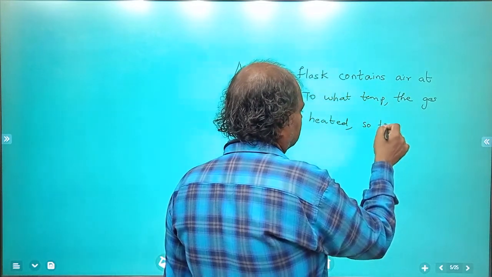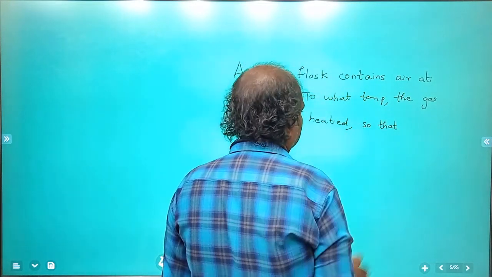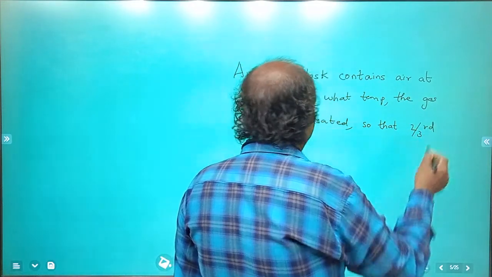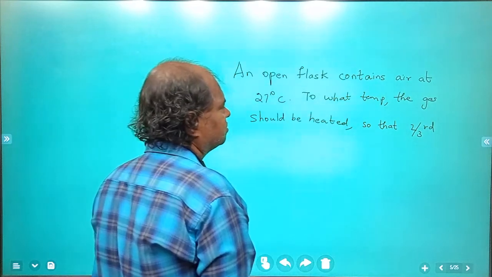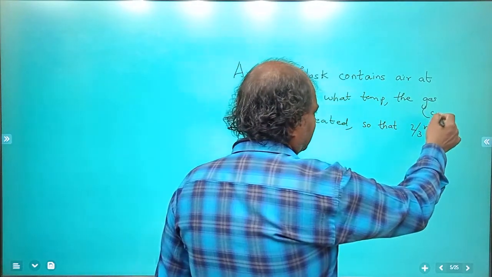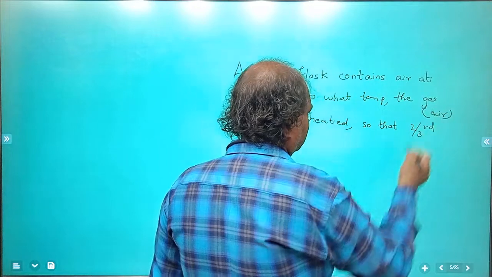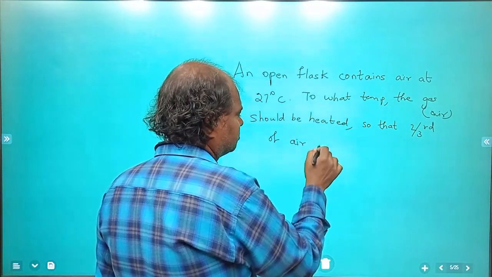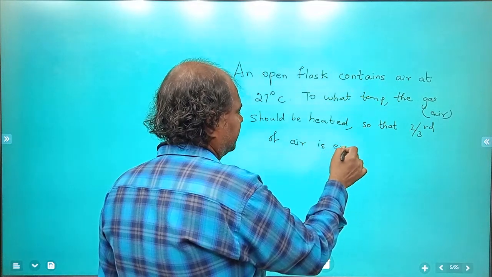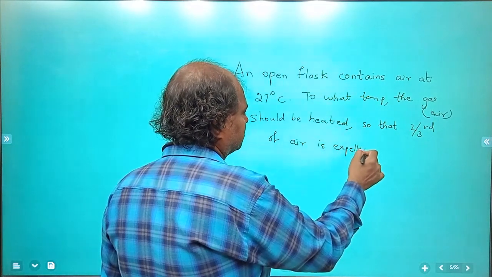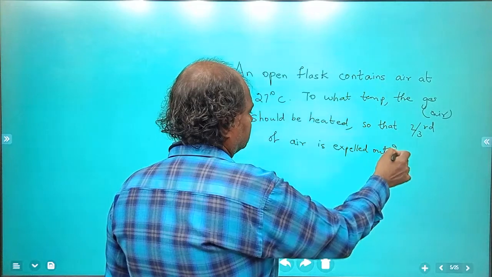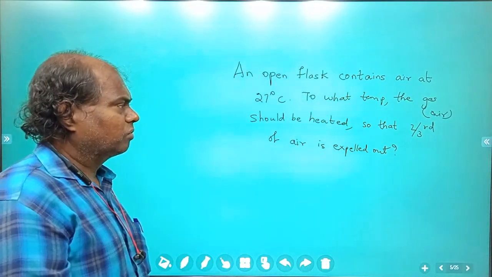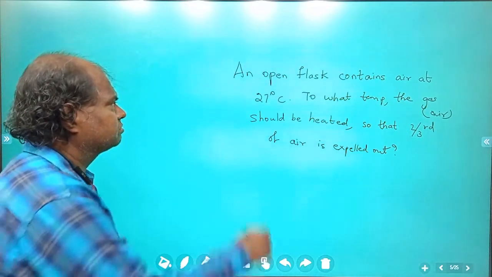So that two-third of the gas, or air, sorry, whatever you say, air, right? Okay. Two-third of the air escapes out or is expelled out. Expelled means escapes. This is the question, right? Expelled means it comes out, yes. Fine. This is the question.